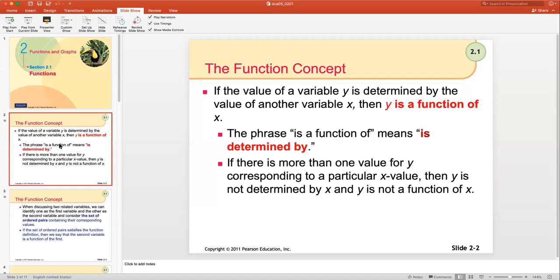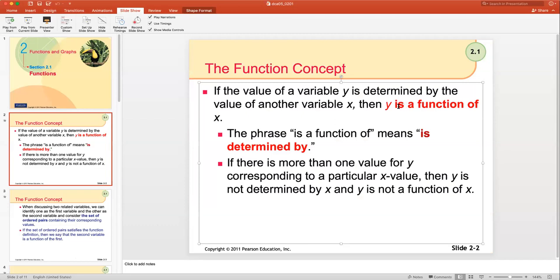What is a function? Before seeing the definition of function, let's take a look at the concept of functions. If the value of a variable y is determined by the value of another variable x, then y is a function of x.